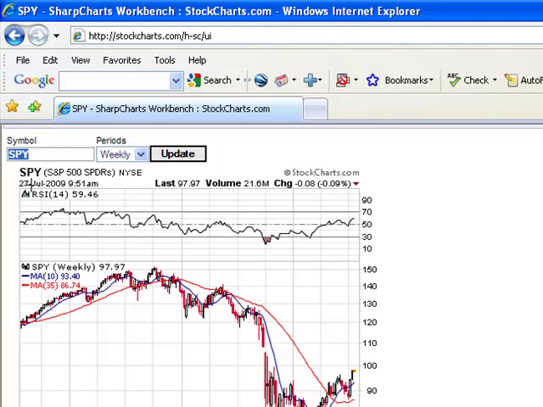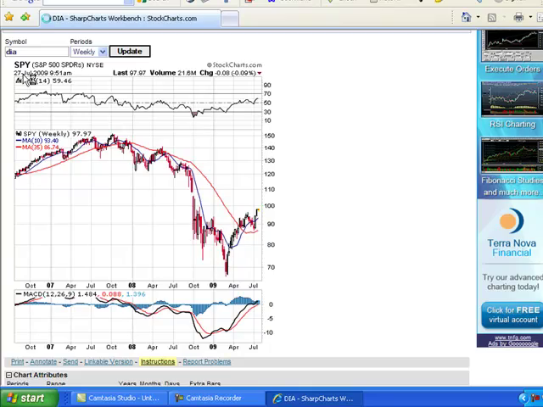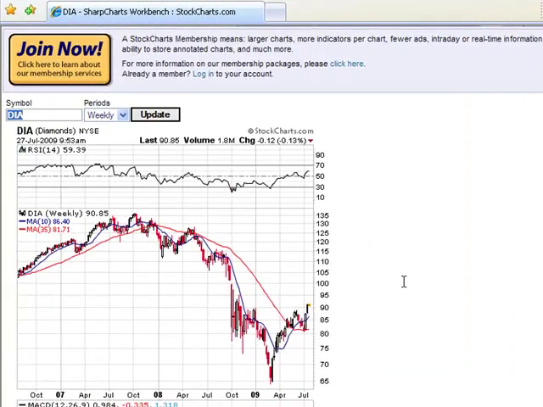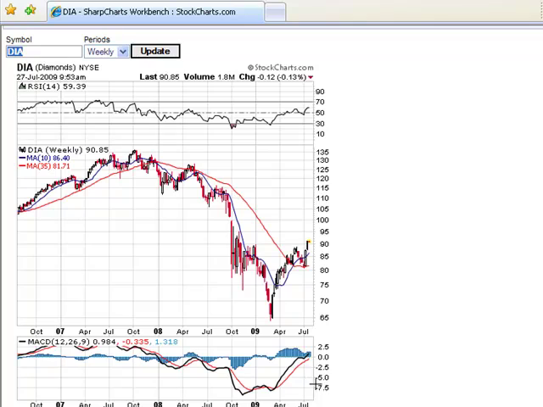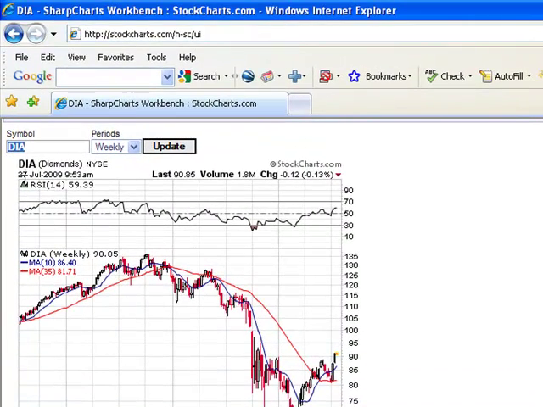Now, we said that we would do that for all three of our indexes, so let's go to the Diamonds, which is the tracking stock of the exchange traded fund for the Dow. You'll notice that at roughly the same time, it's a little bit stronger in the relative strength index.